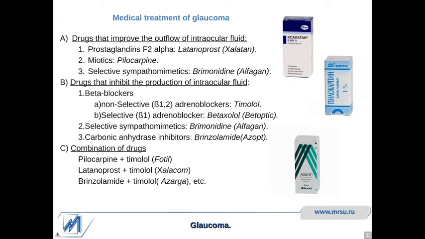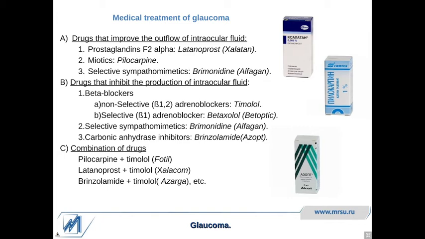About medical treatment of glaucoma at all, there are different eye drops, and there are different groups of eye drops to treat glaucoma. First, drugs that improve the outflow of intraocular fluid.